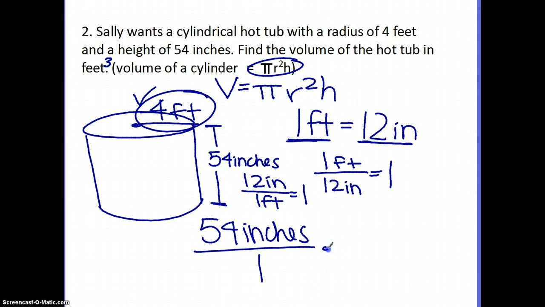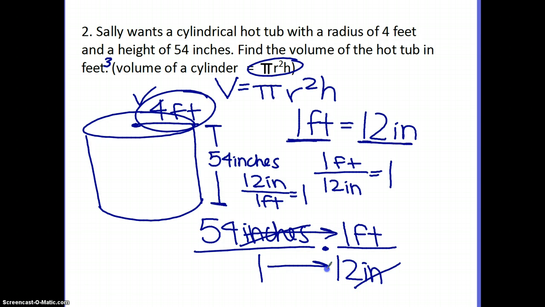So now we've got inches on the top, and so we're going to need inches on the bottom. So we got 12 inches, and 12 inches is 1 foot. Inches over inches cancel out, and we're going to multiply straight across. So 54 times 1 is 54.